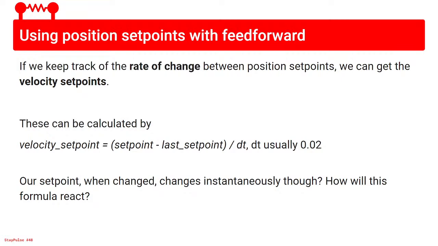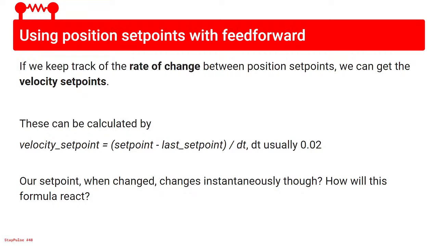You can calculate this using a slope formula. Velocity set point is set point minus last set point over dt, where dt is usually 0.02 seconds, because that's how fast your robot project is running.